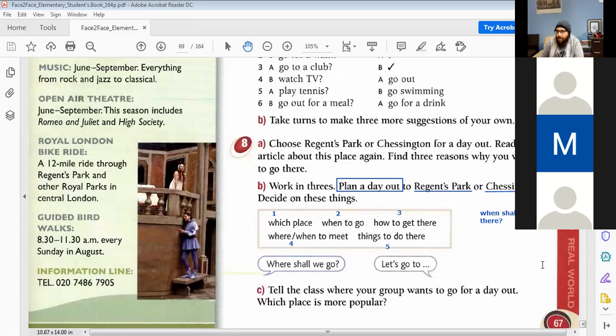How can we get there? By your car? What do you think, Rana? Okay, can you repeat it, please, Basma? How can we get there? Yes. How can we get there?